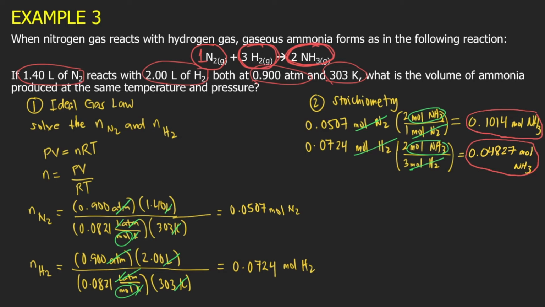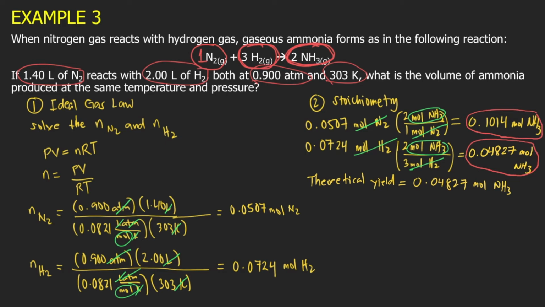I repeat, theoretical yield is the smaller amount of product that can be produced by the given reactant. So if you compare the two, which one is smaller? It will be 0.04827 moles. So your theoretical yield is 0.04827 moles of NH3. So we're done with step 2.